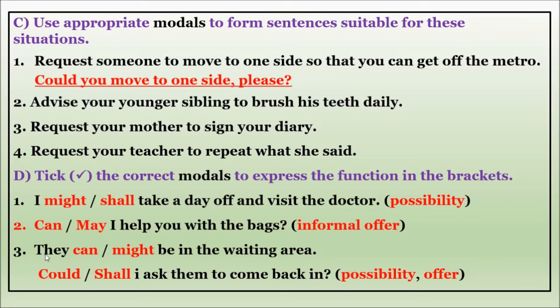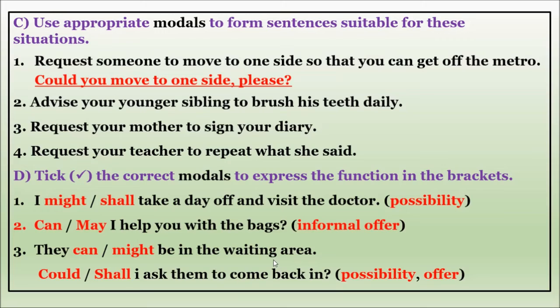Third one, they dash be in the waiting area. Here the first option is possibility. Possibility means they can or they cannot. So at that time what will you use? Possibility means what comes? May or might. So they might be in the waiting area.